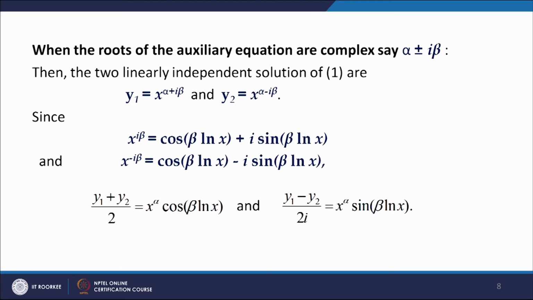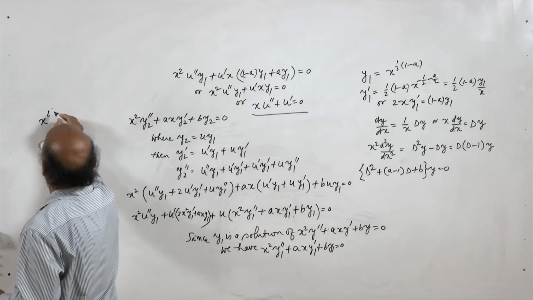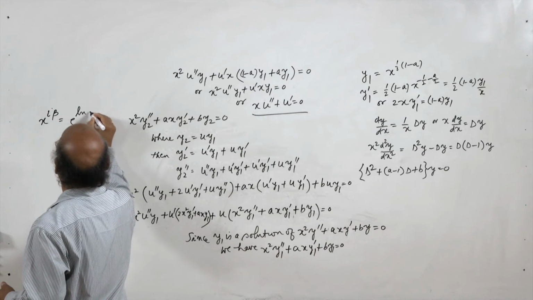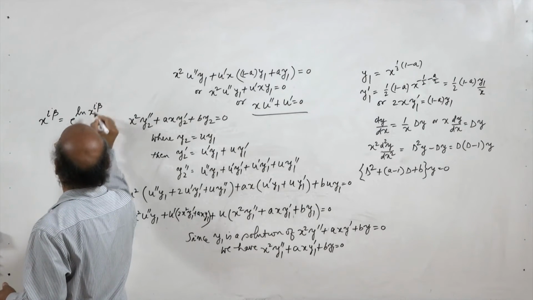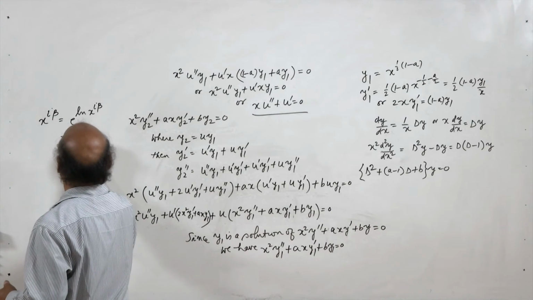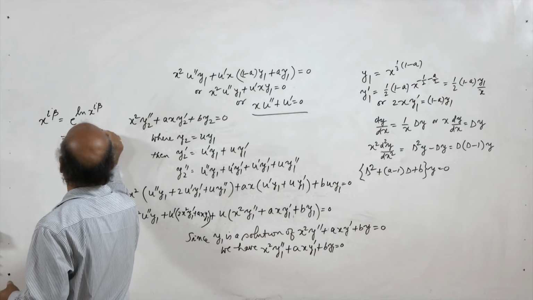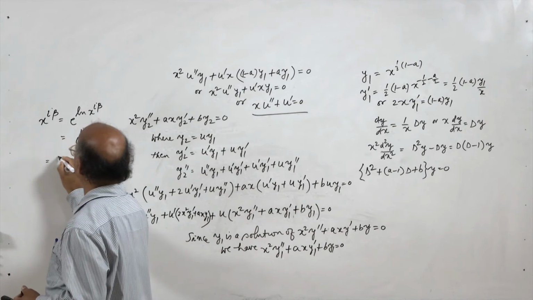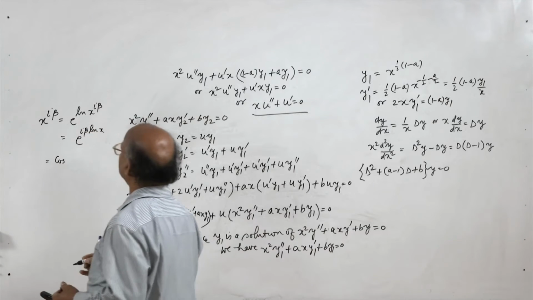So, let us note that we can write x to the power i beta as e to the power ln x to the power i beta, which is equal to e to the power i beta ln x. Now let us apply Euler's formula. So this is e to the power i theta is cos theta plus i sin theta.